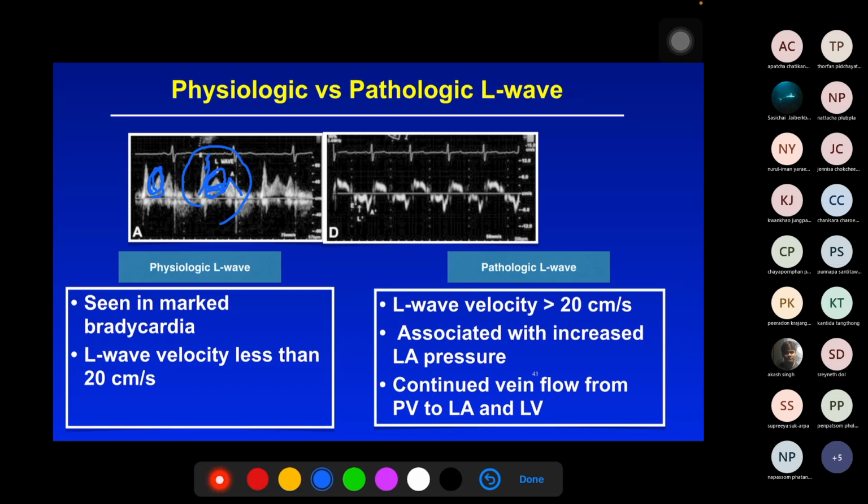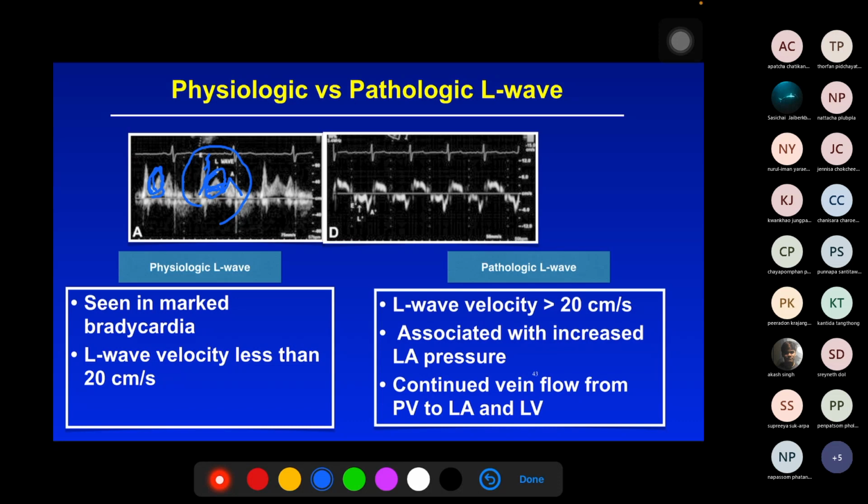The L wave can be divided into the physiologic L wave, which is normal, and the pathological L wave. The physiological L wave we can see in patients who have significant bradycardia, for example, a young athlete with sinus bradycardia, a heart rate of about 40 or 50 beats per minute.